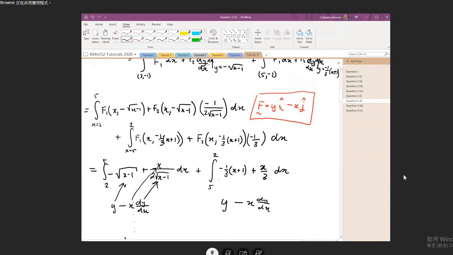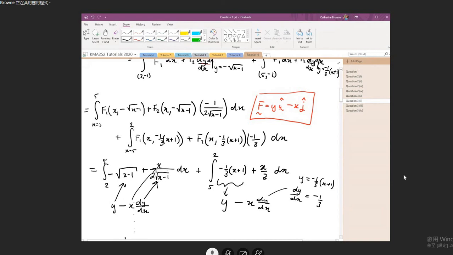But this time the y is given by this, and the dy dx this time is equal to, so if y is equal to minus 1 on 3 x plus 1, then dy dx is equal to minus 1 on 3. So minus 1 on 3 by minus x is x on 3. Yeah, got it.